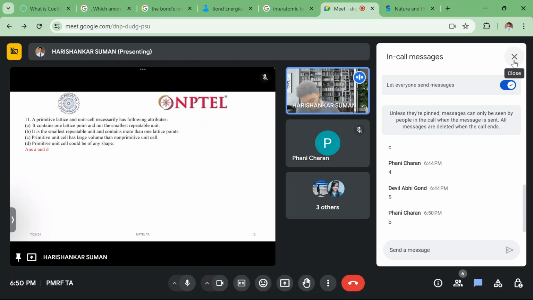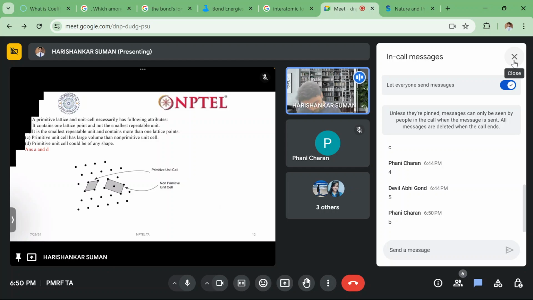So let me tell you the answer: A and D. A primitive unit cell in space contains only one lattice point. The contribution of lattice points in a primitive unit cell must be one; only then is the unit cell called primitive.